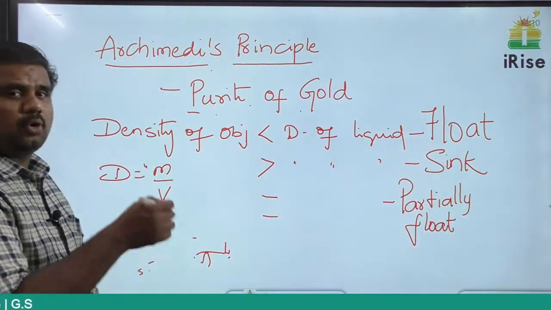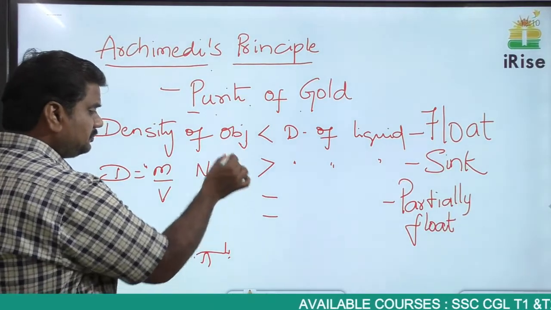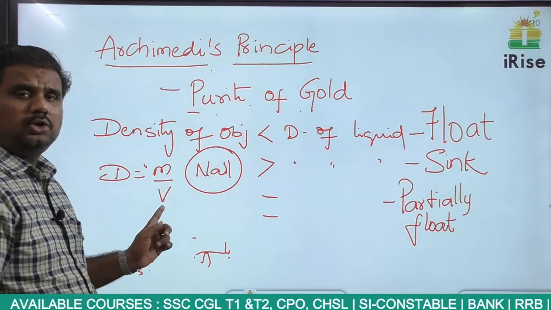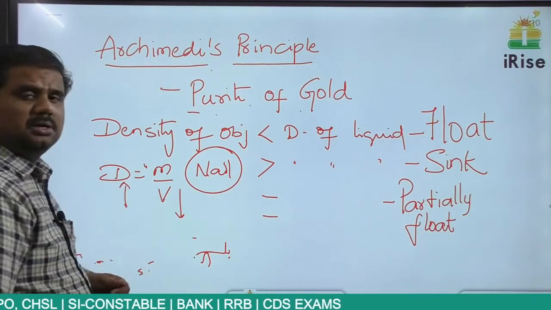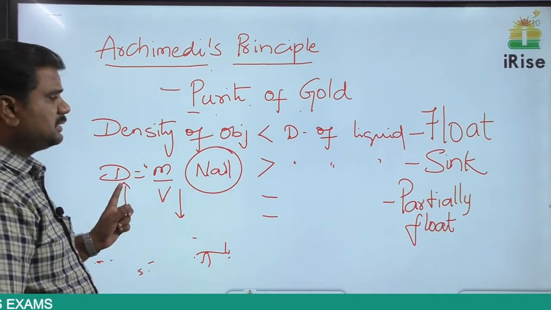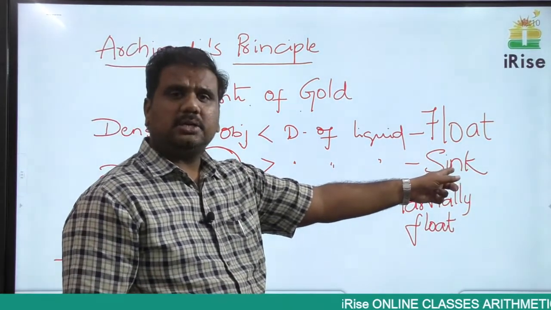Suppose I am talking about the iron nail. The iron nail has a lesser amount of volume. As the volume is decreasing, density is increasing. So if the density of the object is more with respect to the density of the liquid, then the object has to sink.